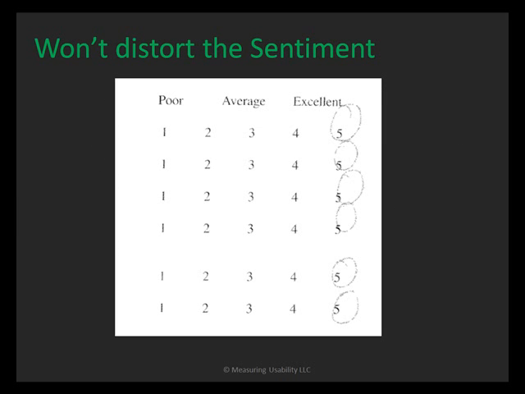But if we went through the trouble of alternating this questionnaire, as in this example, those people who were maybe going through quickly and picking the highest response, instead of generating a very favorable response, all fives, we would have got a more neutral response, basically a mix of all fives and all ones. And this would clearly have been different than the very positive sentiment we see here. It would have led us to believe that this user had an average sentiment. So these biases do exist, but again, are outweighed by the negatives.